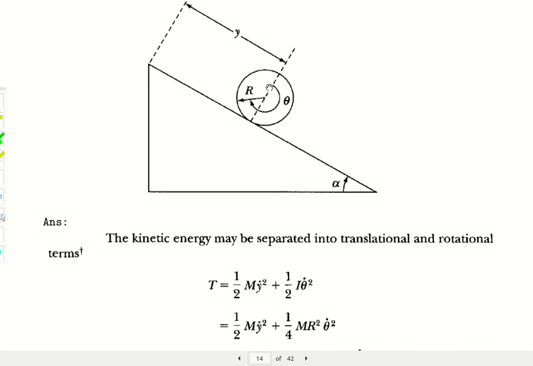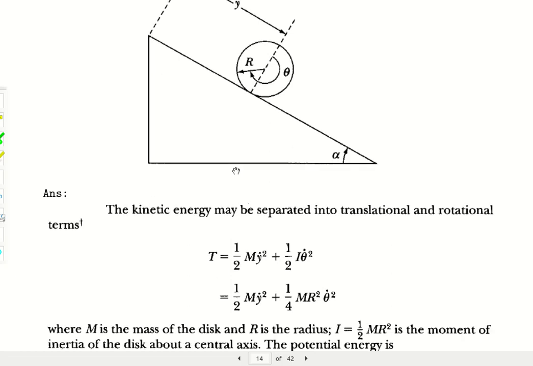The radial vector rotates by an angle theta, and y is the displacement from the top of the inclined plane of the center of mass of the cylinder, that is a rectilinear or linear displacement.